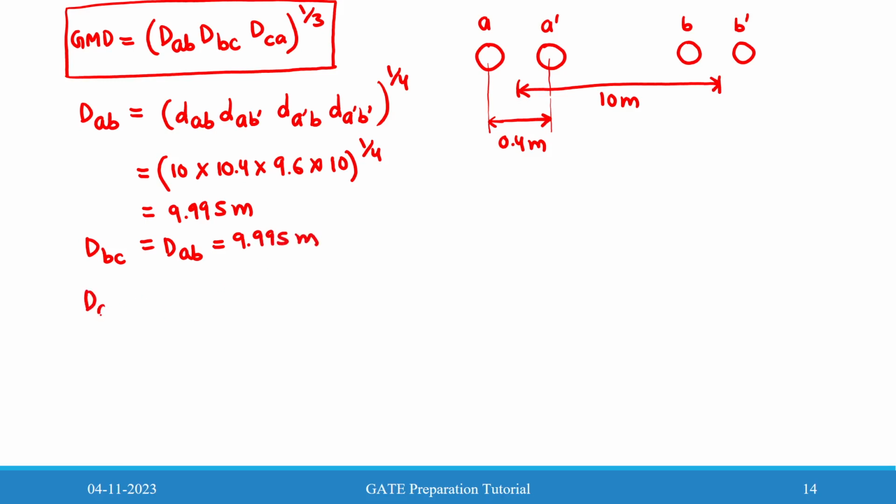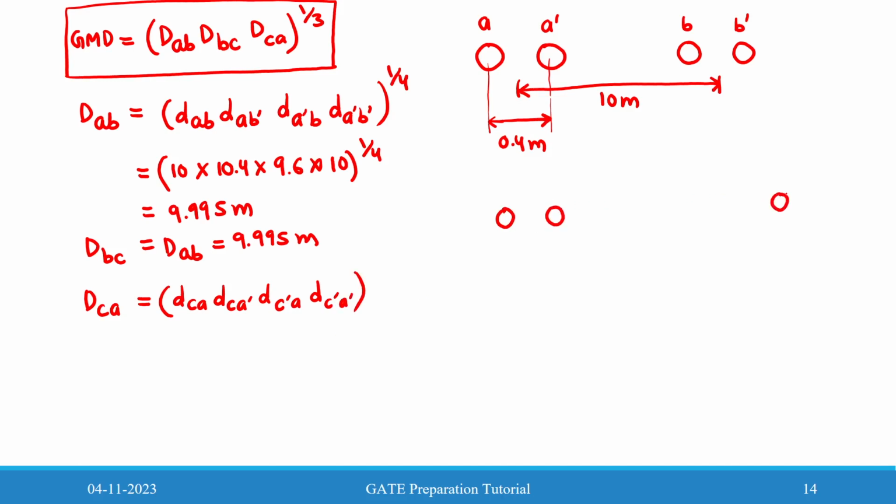And for DCA, in the place of 10 we will write 20. So DCA dash, and so on.